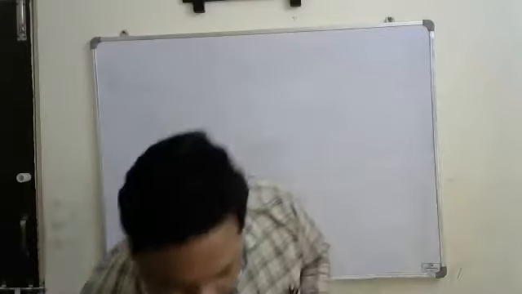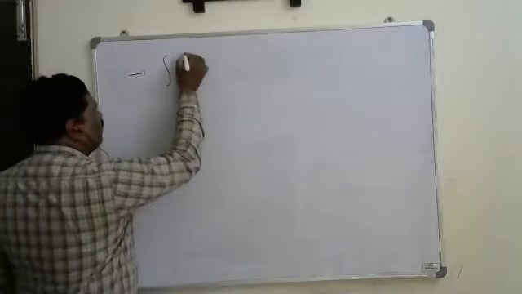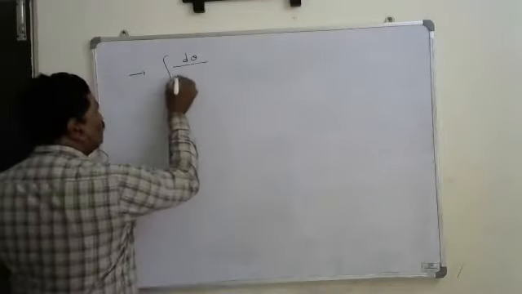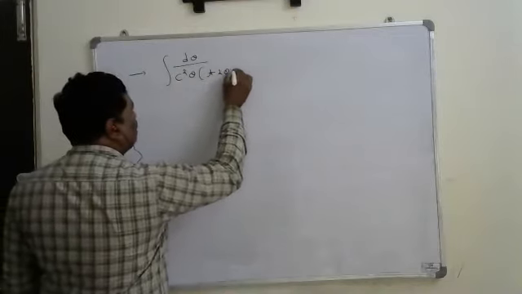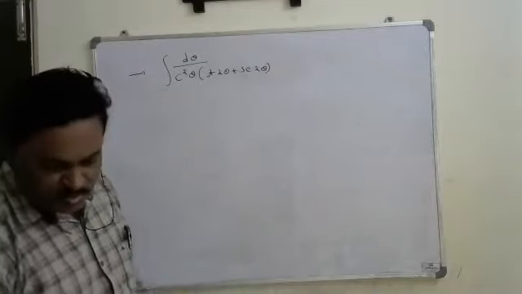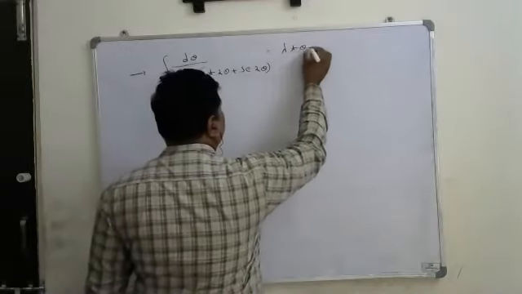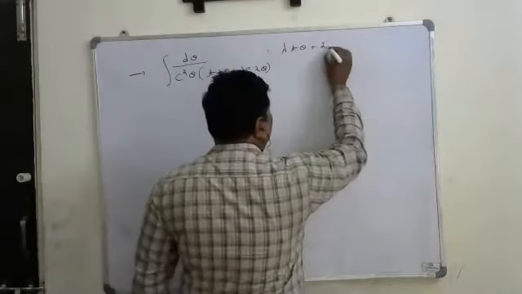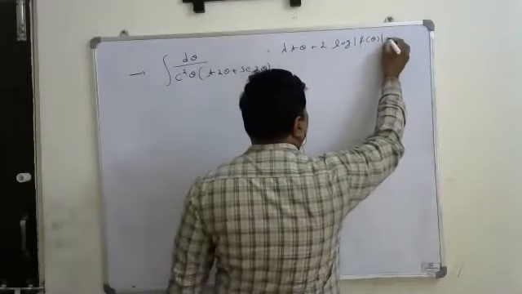So look at one problem here. It is given that the integral of d theta upon cos square theta into (tan 2 theta plus secant 2 theta) is equivalent to lambda tan theta plus 2 log mod f of theta plus c.